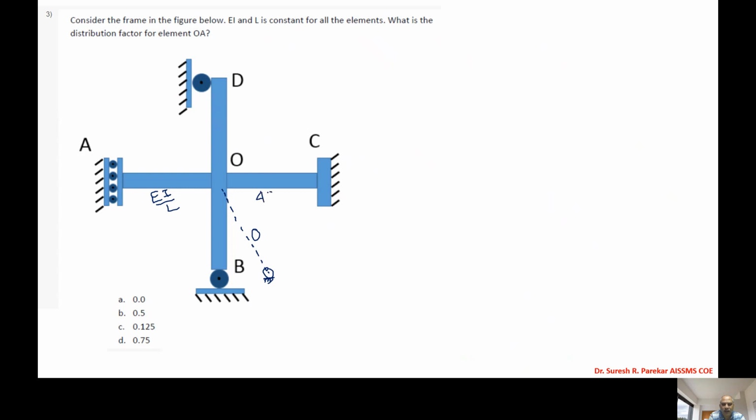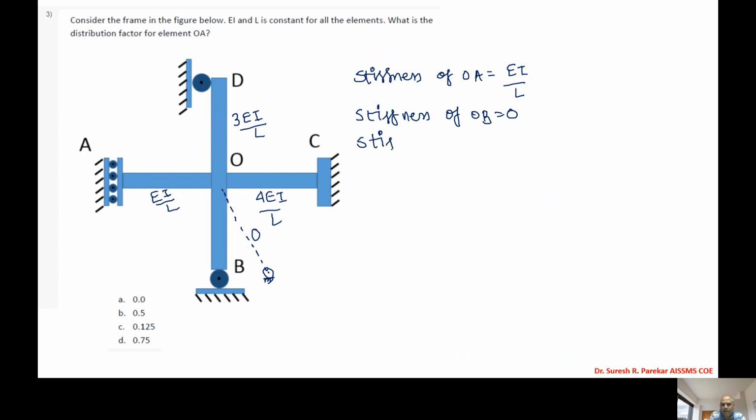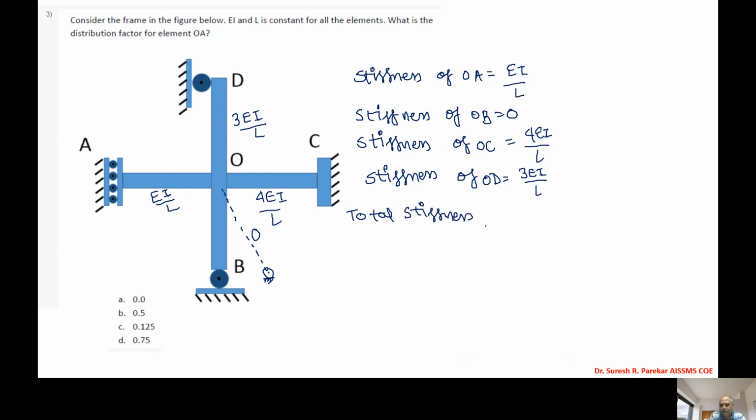For OC we know 4 EI upon L, and for OD we know 3 EI upon L. Therefore stiffness of OA is EI by L, stiffness of OB is 0, stiffness of OC is 4 EI by L, stiffness of OD is 3 EI by L, and total stiffness at O is 8 EI by L.